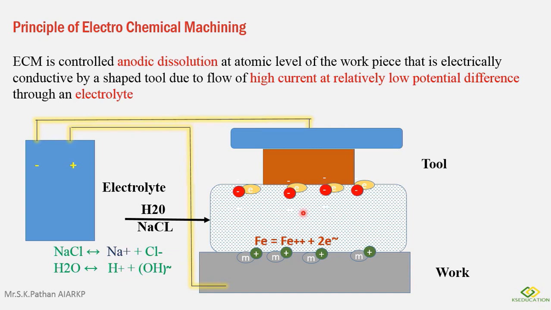Now because of the chemical reaction, these iron ions react with the chlorine and form iron chloride, and the sodium ion reacts with the hydroxyl ion and forms sodium hydroxide.